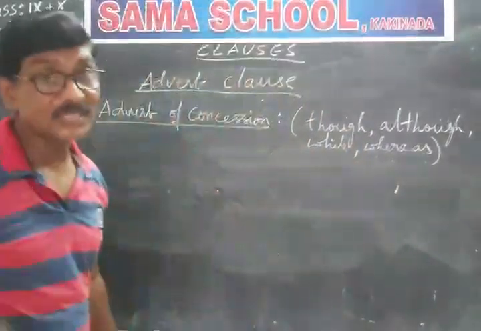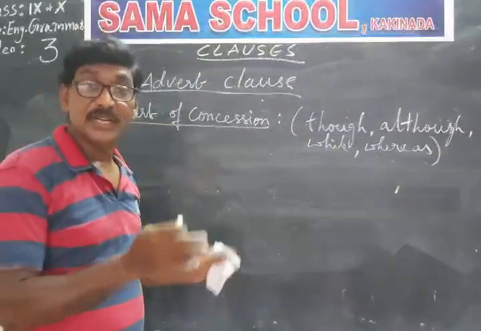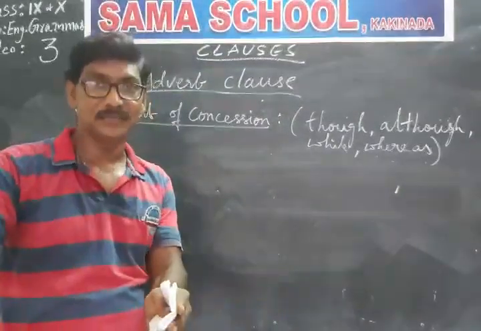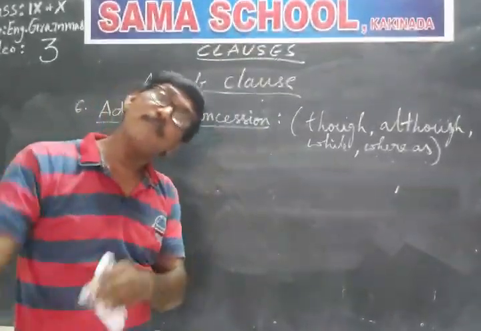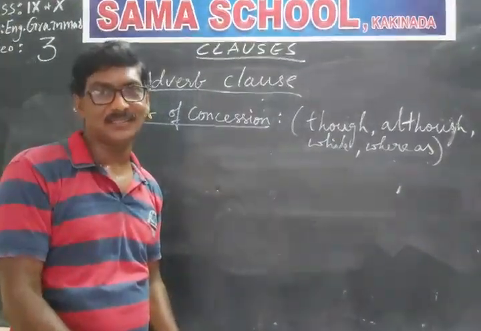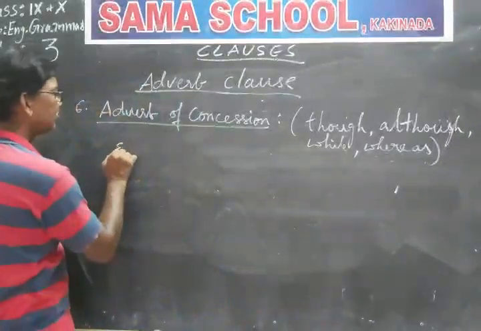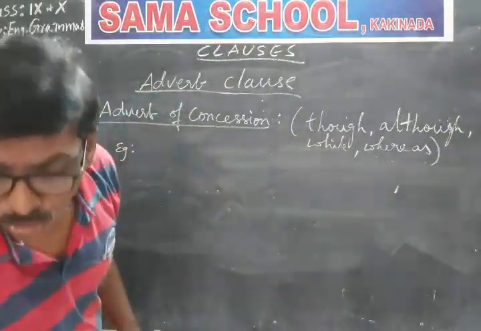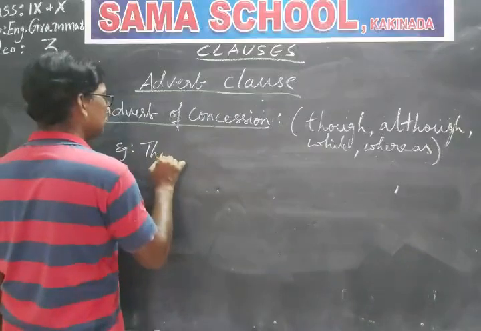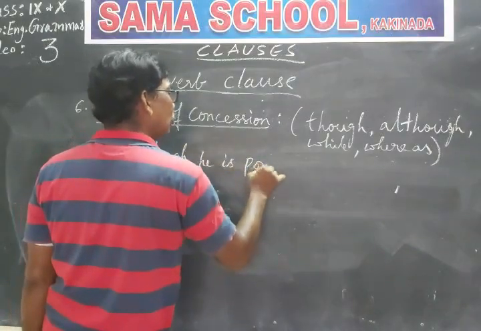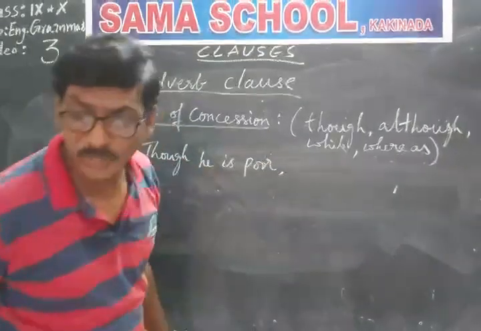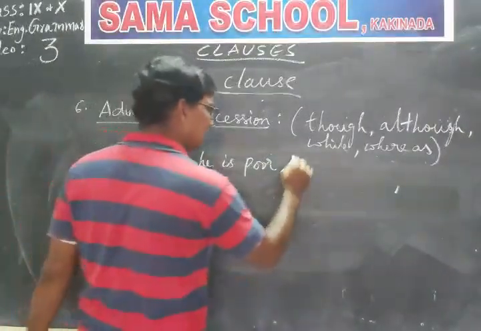This adverb of concession, what it does, it offers a statement. ఇది ఎలాంటి స్టేట్మెంట్ అంటే which contrast with the main idea of the sentence. ఎలాగా? ఎగ్జాంపుల్ చూడండి. ఎగ్జాంపుల్, though he is poor, he always neatly dressed.